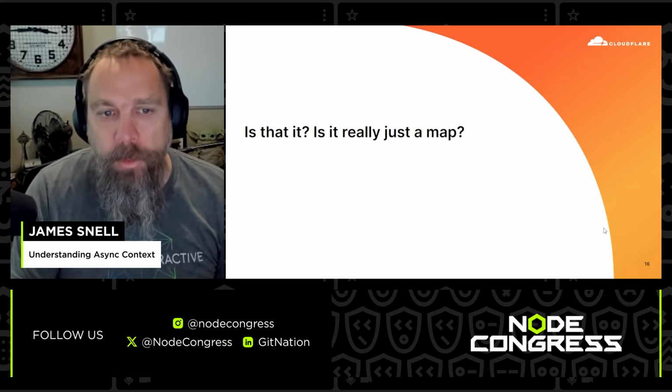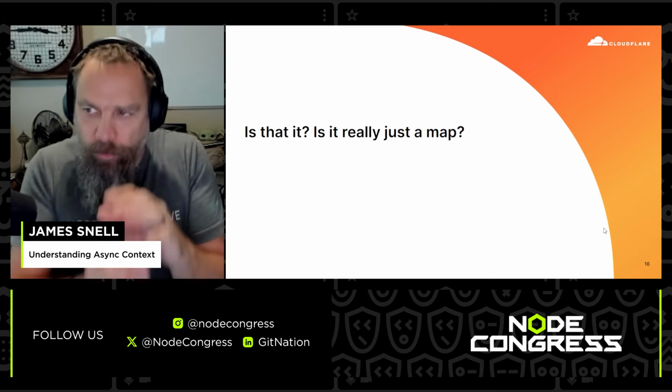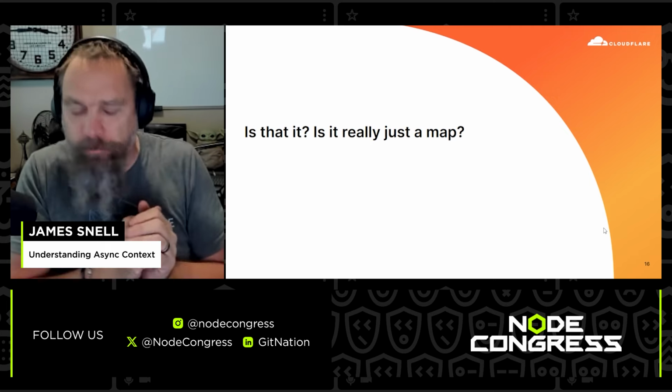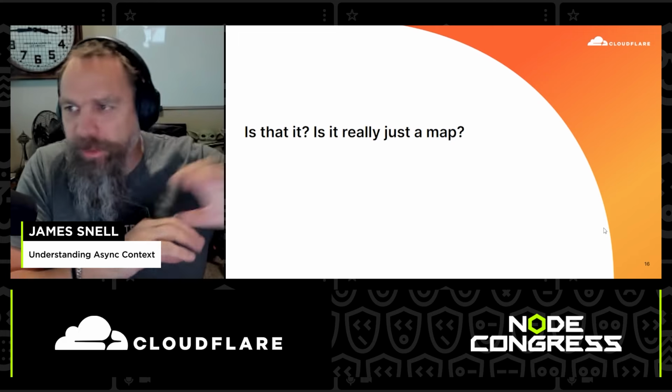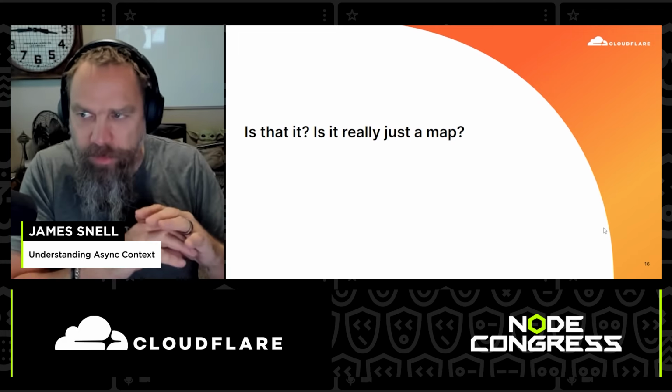Okay. All right. So is that it? Is it really just a map? There's a bit more to it than that. So we have these frames. Like I said, every time we call run, we copy this frame, we copy this map, add a new value, set it as current, all these kind of things.